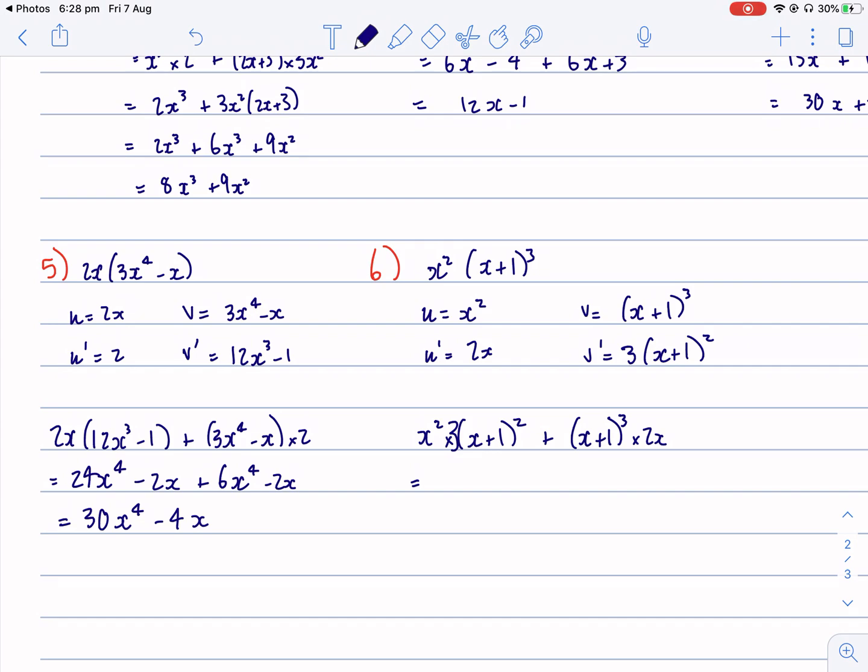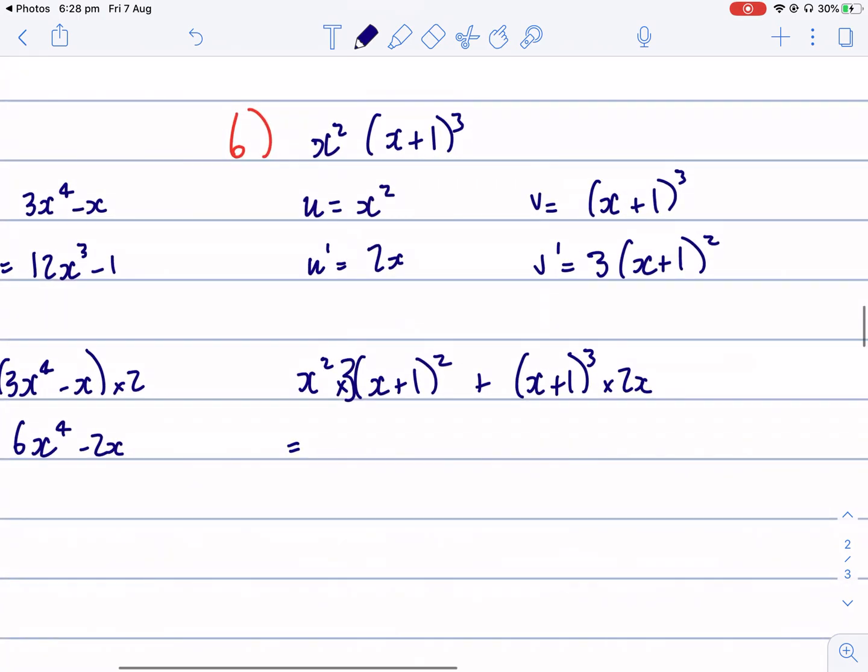I'm looking at the answers just to see how far they want me to expand this. This means I've got, yeah, they want me to go a long way. So we've got 3x squared, lots of x plus 1 squared, plus 2x, lots of x plus 1 cubed.